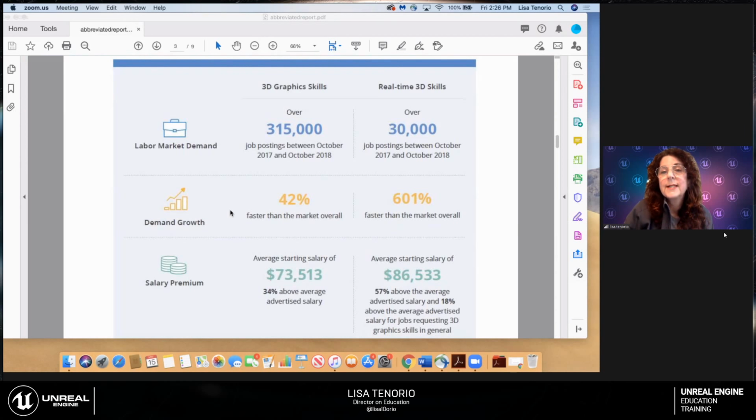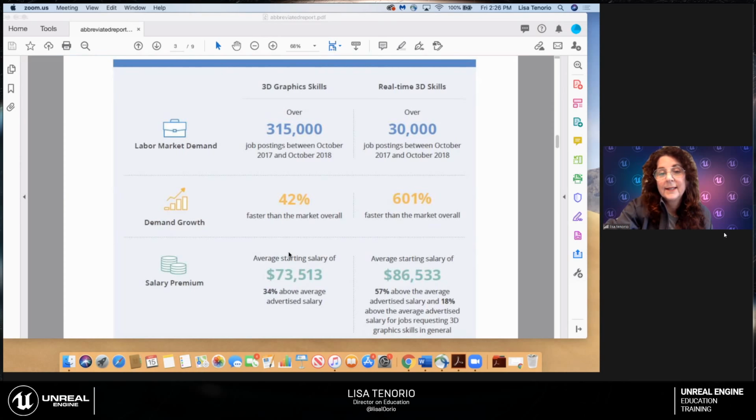What that means is real-time 3D jobs are going to represent a much, much larger percentage of all 3D graphics jobs going forward. I haven't done the math on it, but you can see the trend is that it's going to represent more and more of those 3D graphics jobs.